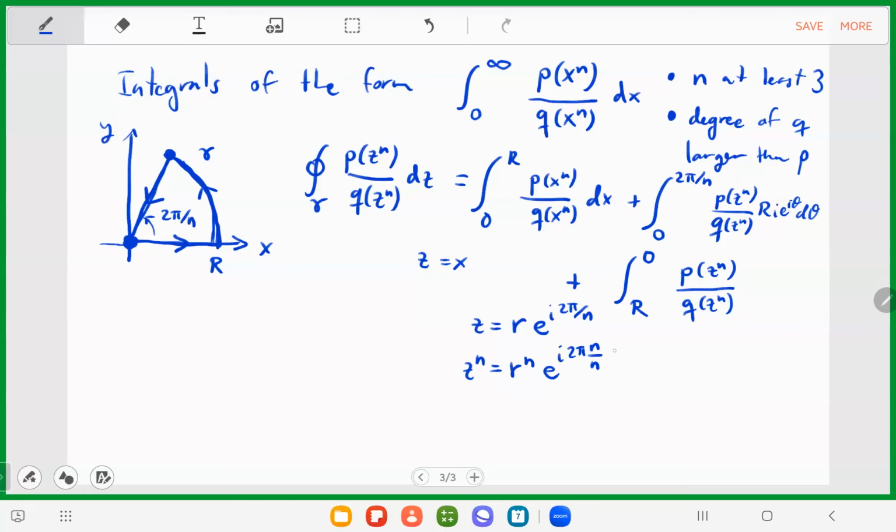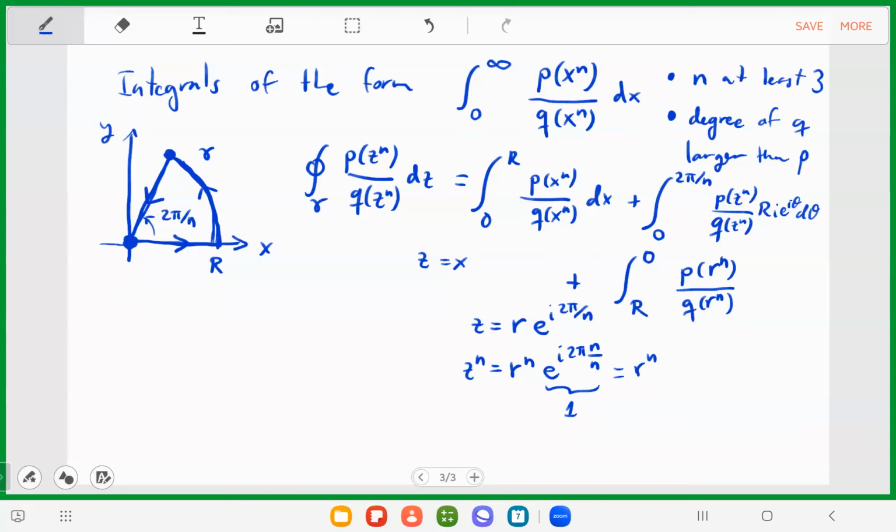And this is of course 1 always. So this is just r to the power of n. So we can just evaluate the polynomial at r to the power of n instead of z to the power of n. Okay, and that is why this integral simplifies a lot.